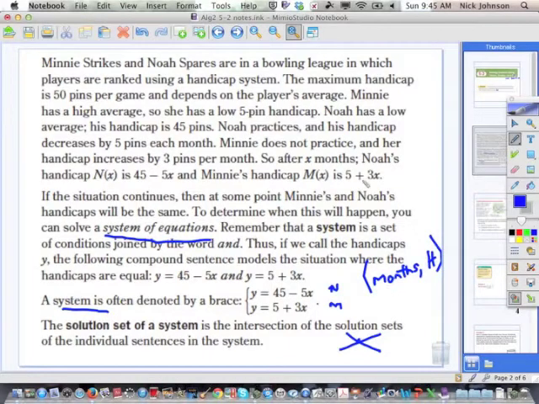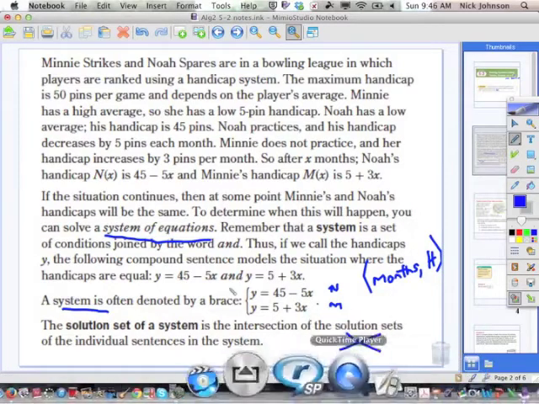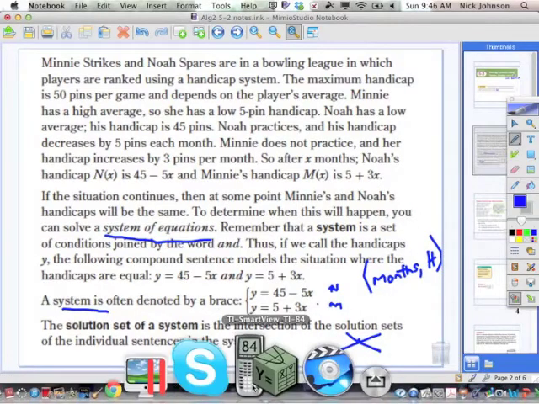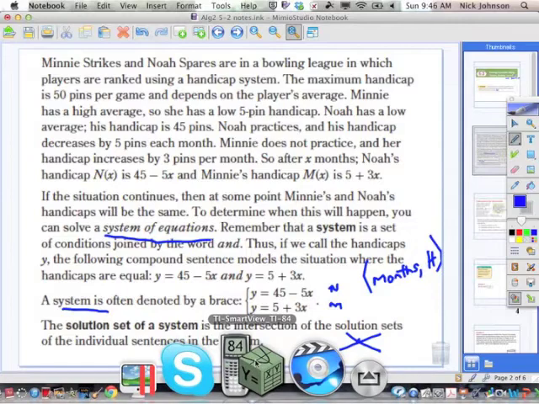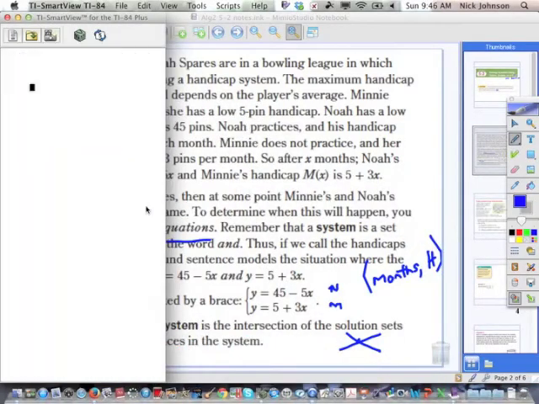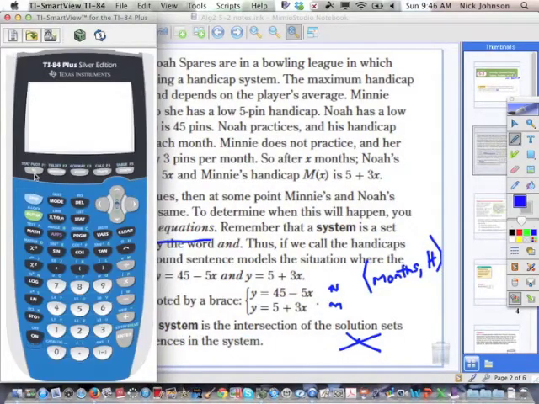Excuse me. When we do this, I'm going to show you the Desmos, how that works real quick, and then I'm going to show you the one on our calculator. I'll show you our calculator real quick, I guess. But you hit y equals.